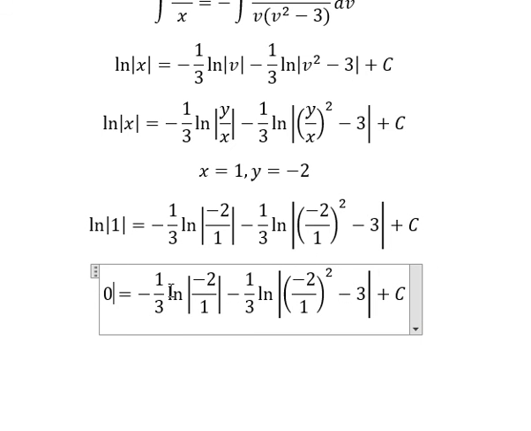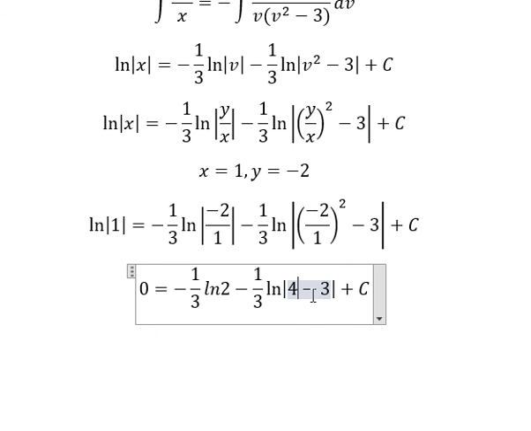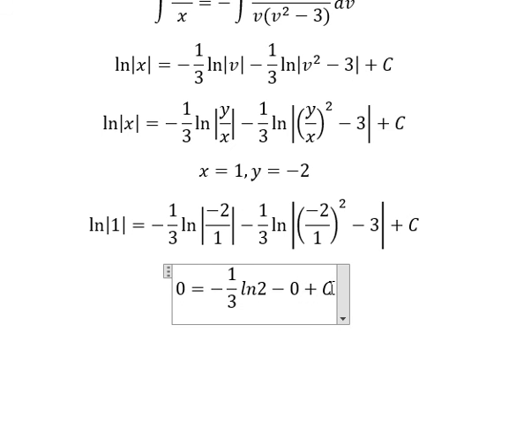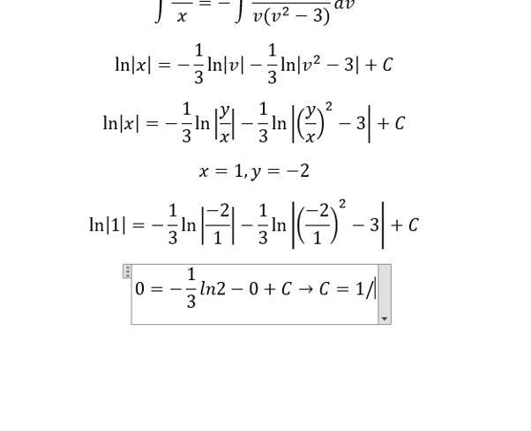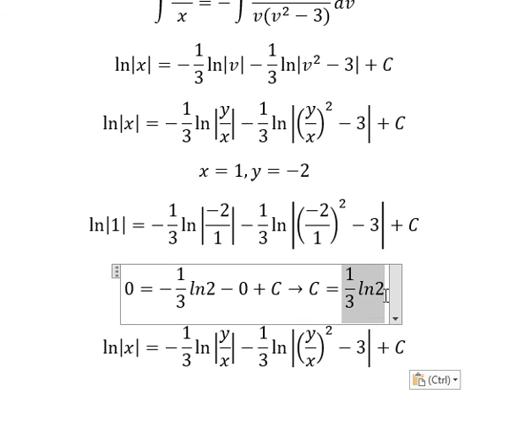Ln of this one you have ln 2. This one we have 4. So 4 minus 3 you get 1. So this one you get 0. So C equal to 1 over 3 ln 2. So we put this value in here.